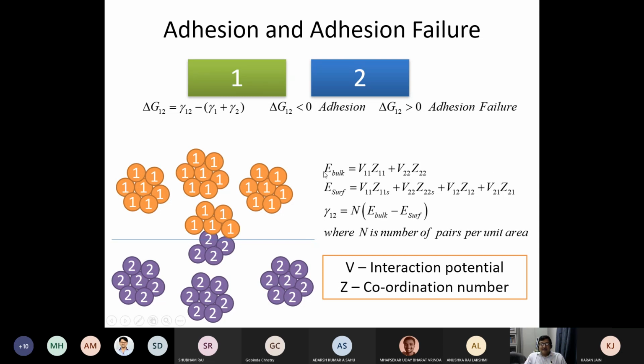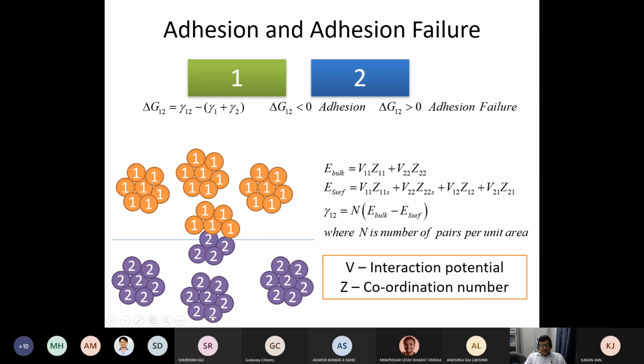So E bulk, I can say, is V11, Z1. What is V? V is the interaction potential, and Z is the coordination number. And in the bulk of 2, that is V2, Z2. At the surface, you may see V11, Z1, and these coordination numbers are different. One is related to 1, one is related to 2.